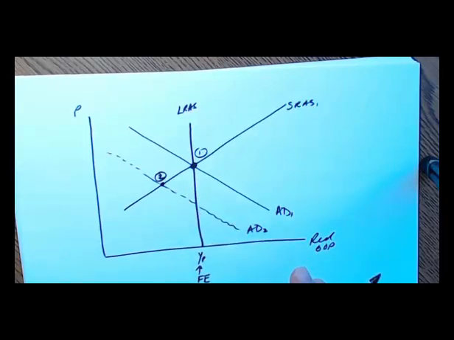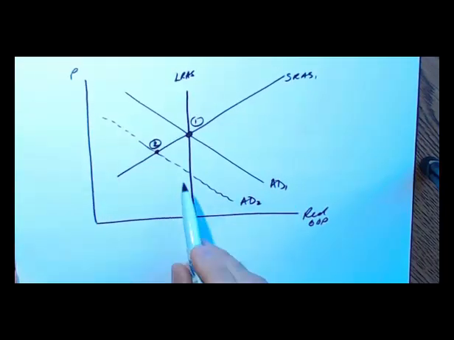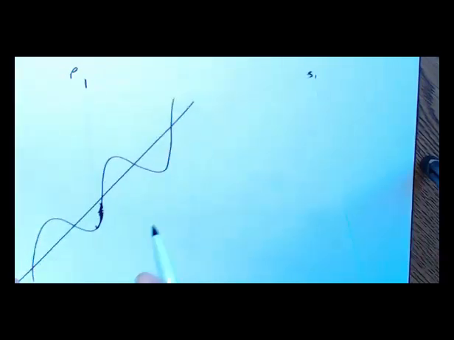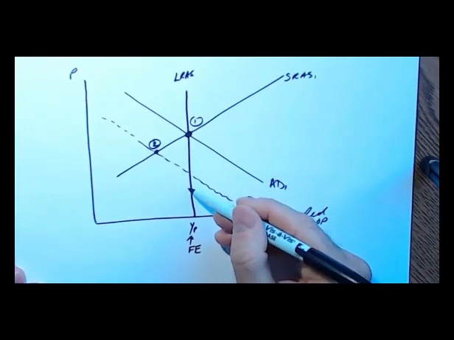Okay, and so you had the whole story as to how we got there. But now what we want to do is introduce the idea of how do we get back to this long-run aggregate supply curve? How do we get back to our long-run potential?